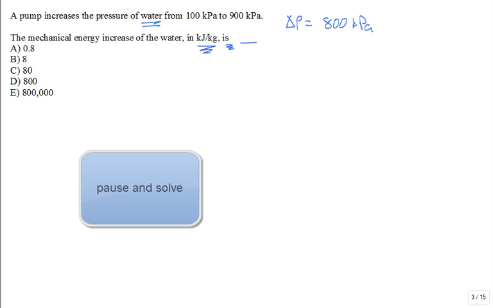The mechanical energy increase of the water in units of kilojoules per kilogram is, and then what is it? 0.8 kilojoules per kilogram, and so on. What is the answer? So we'll go ahead and start it, and I'll give you some extra time.